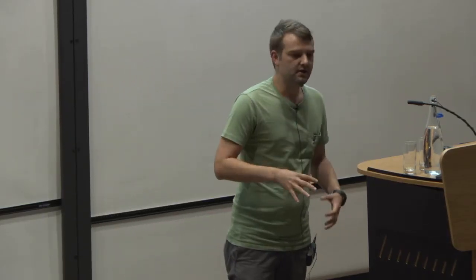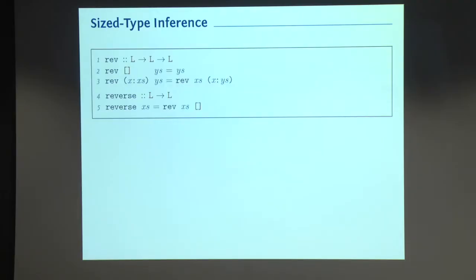So if you think about it, what we really want is a procedure that takes such a program and attaches size expressions to these types that you see here. Now, depending on the strength of the language that you have at hand for expressing your size indices, this task pretty soon gets impossible.